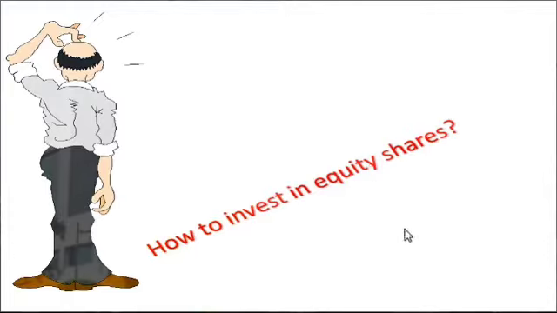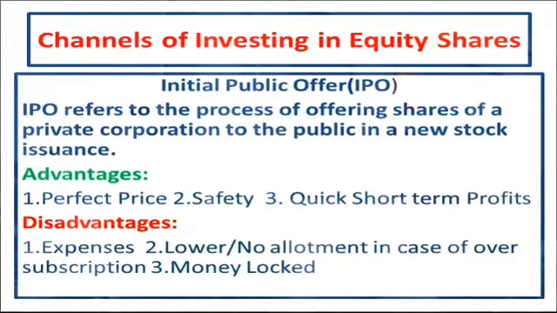Now, you will see what are the various channels for investing in equity shares. There are two channels of investing in equity shares normally. We have other channels also, but mainly focusing on two channels. The channels of investing, we can say the route of investing in equity shares, once again I repeat, there are two channels.